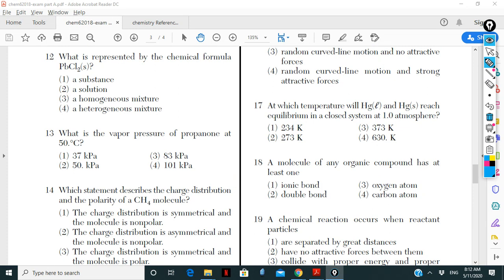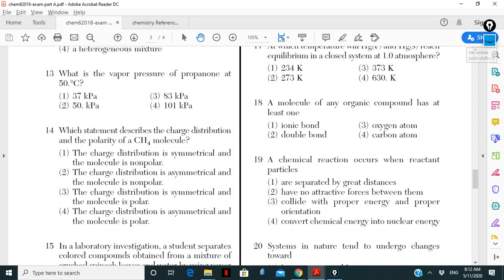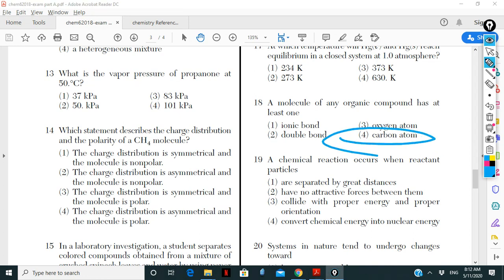Now, a molecule of an organic compound has at least one... To make an organic compound, you should have at least one carbon. I don't talk about any bonds, it should have one carbon. And for that, the answer is going to be 4.